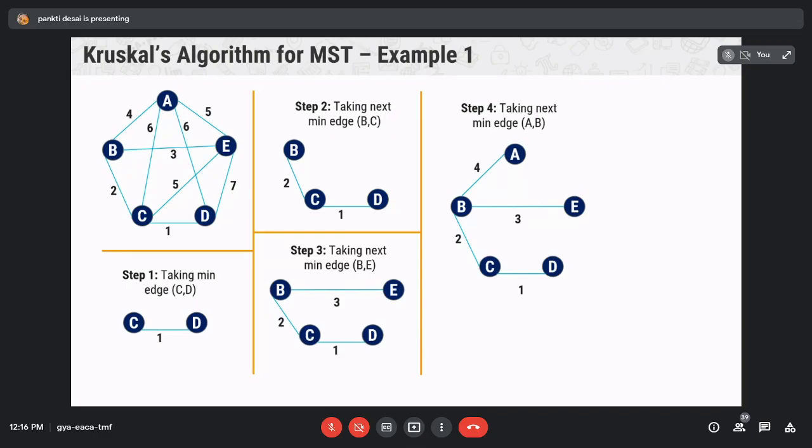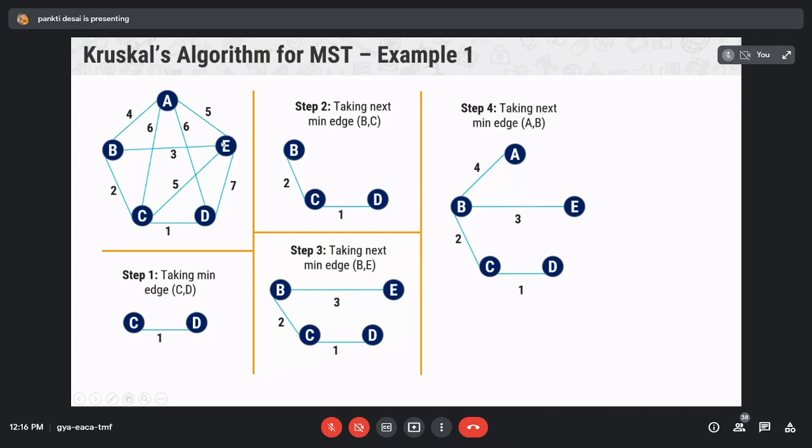But if we select AE, right, then it will create a cycle. So we cannot select AE to create a minimum spanning tree. Right? Did everyone understand why we can't select the edge AE? Though AE has the minimum weight among the remaining edges, right?